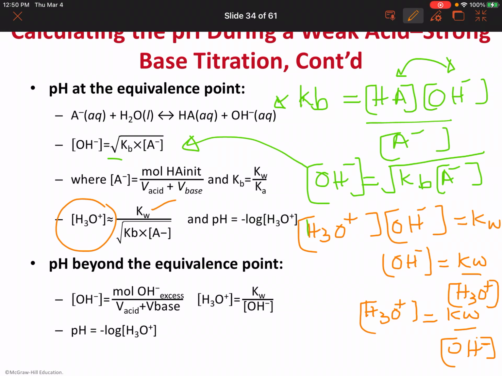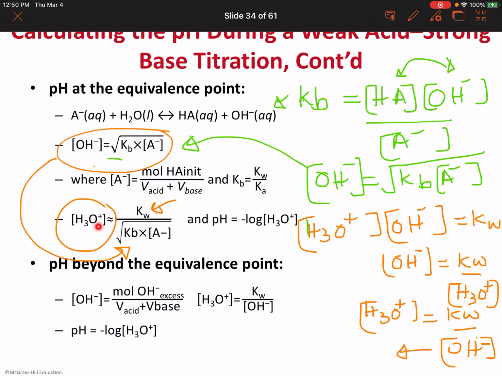We put the Kw here as the numerator, and for the hydroxide ion, it is this amount, the square root of Kb times A minus, which you divide by.